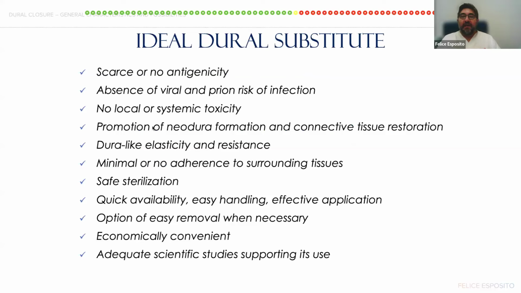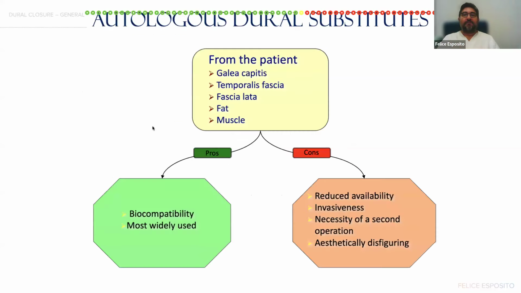Unfortunately, the ideal dural substitute for duraplasty does not exist so far, because the material should have all these characteristics, and so far no single dural graft or dural substitute has all these features together.